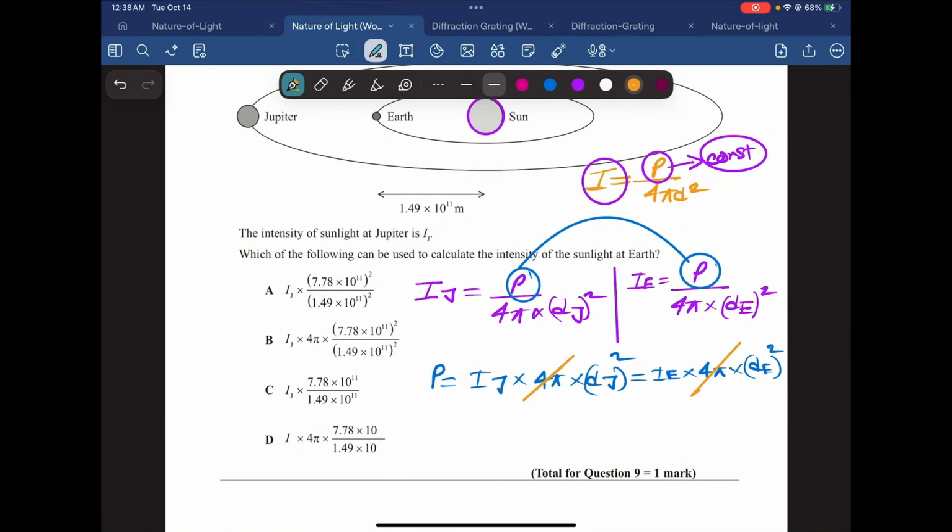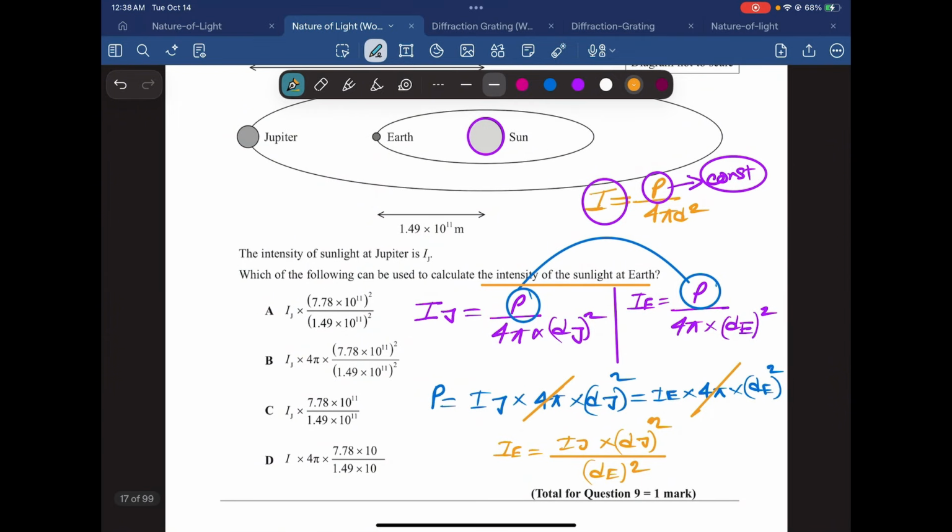We are left with only this, and they have asked us to make intensity of the Earth the subject of the equation. So we can write intensity of the Earth is equal to intensity of J into dJ squared divided by the distance of the Earth squared. Okay, so my intensity of the Earth is equal to this. So what is the intensity of Jupiter?